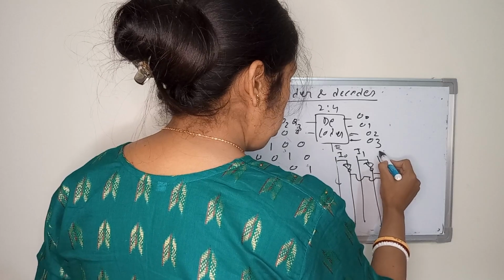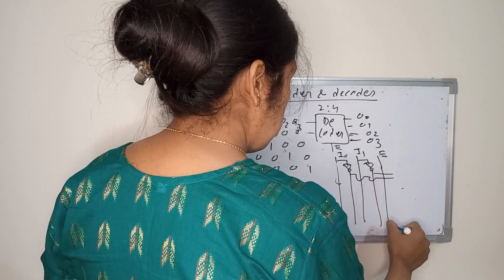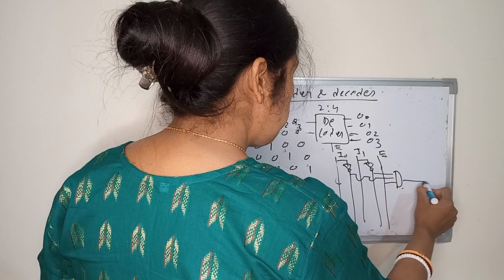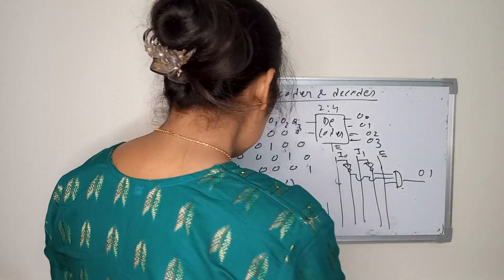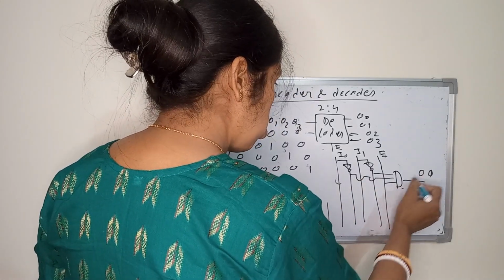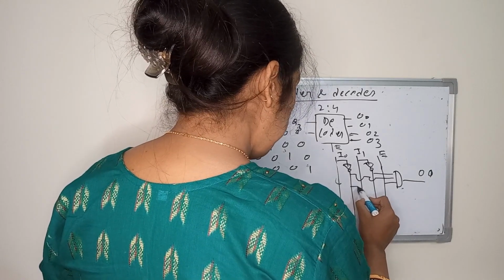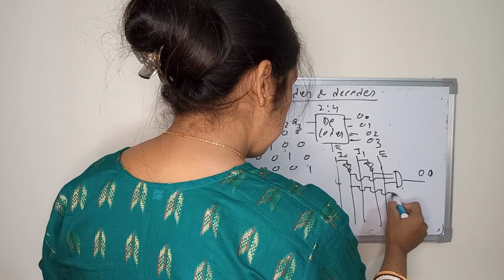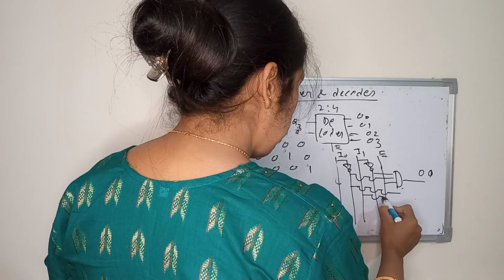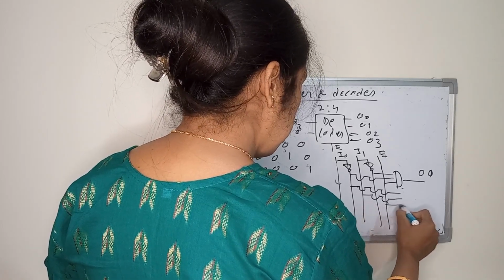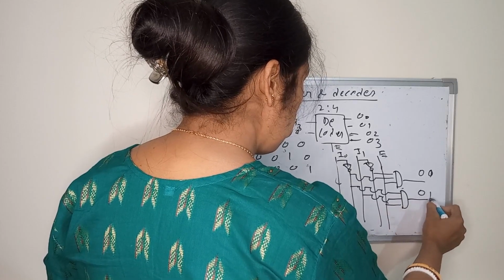This is my O0. Now O1 means I0 prime, I1 prime, and E.